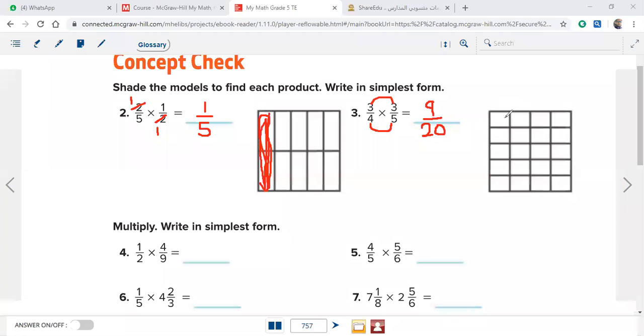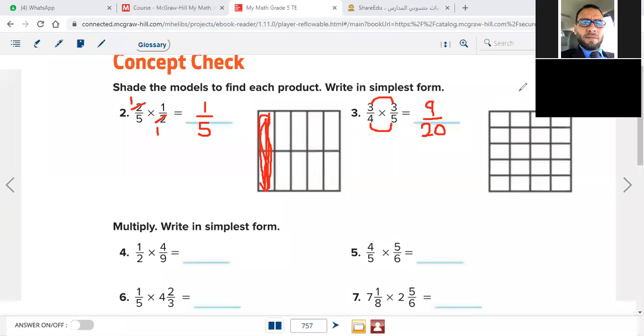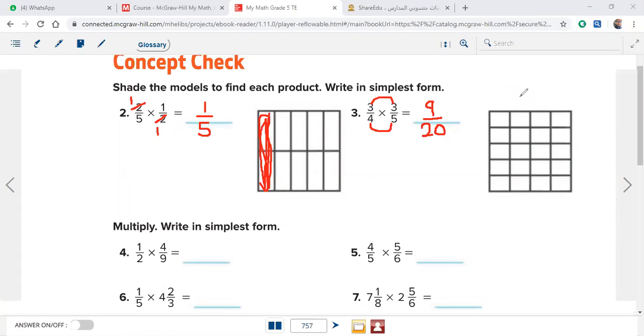To use this model to shade the answer or to shade the product, I have here 20 squares. Shade 9 of them. Okay, I can shade 9 from this one. 1, 2, 3, 4, 5, 6, 7, 8, 9.